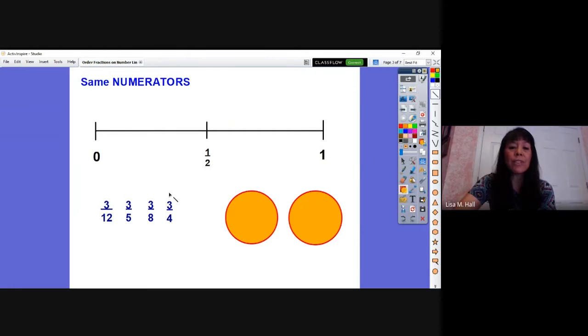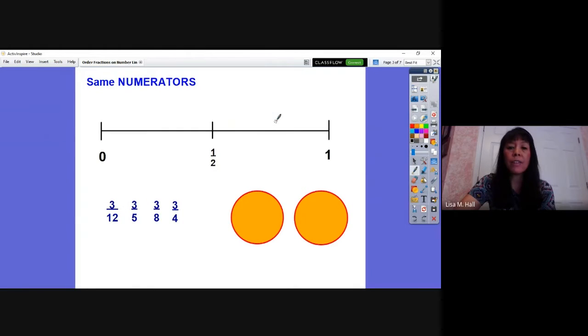But you know what? I also see some fractions that I know. So I'm going to actually draw my fourths because I know from third grade that if I have 4 equal sections, I have fourths. So I know this fraction is 1/4. This would actually be 2/4. If you remember, 2 is half of 4. This would be 3/4.